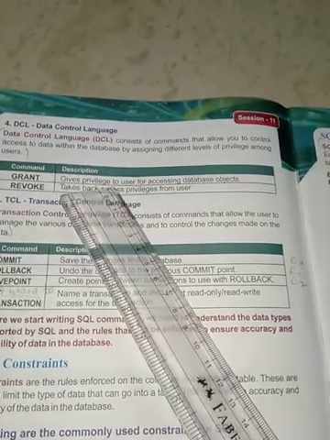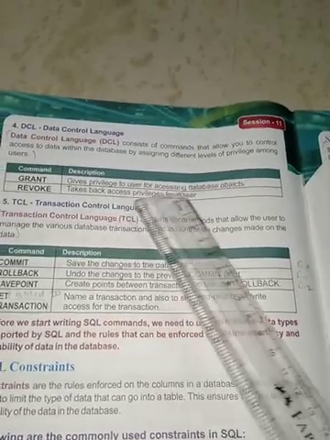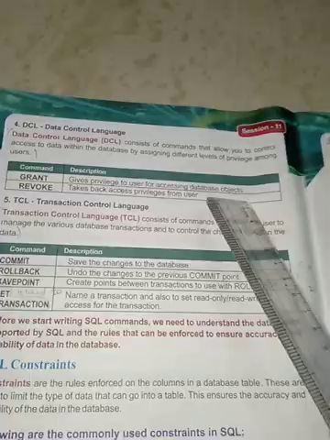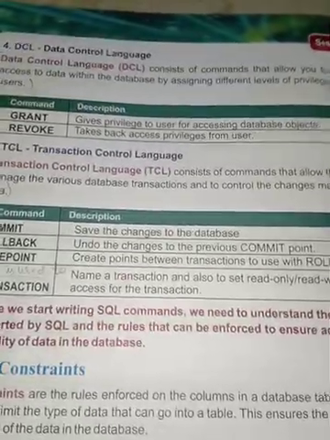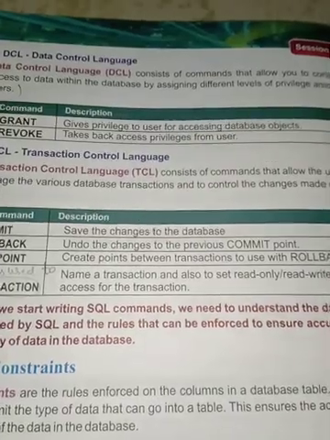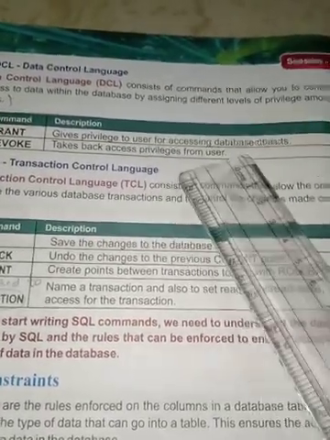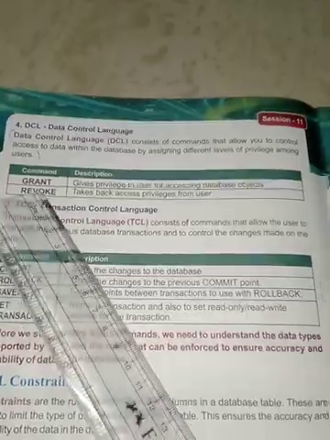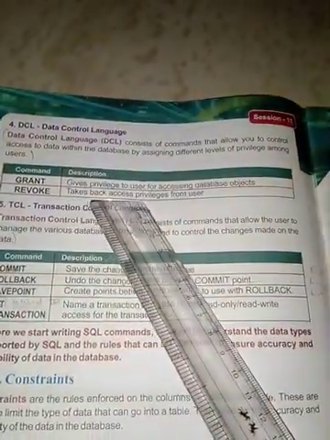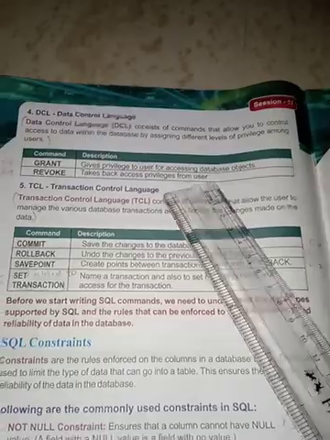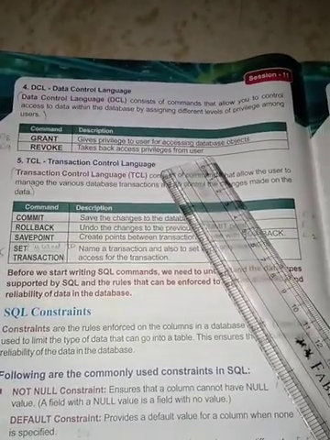Grant gives privilege to a user for accessing database objects. So this grant command gives the privilege to the user so they can access the objects. Next, revoke takes back access privilege from the user.